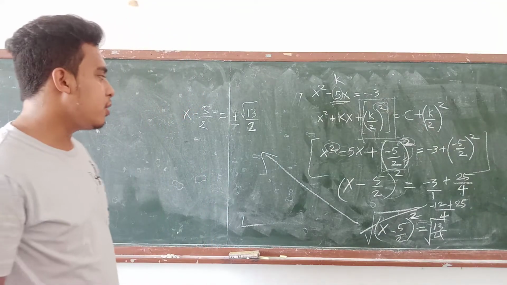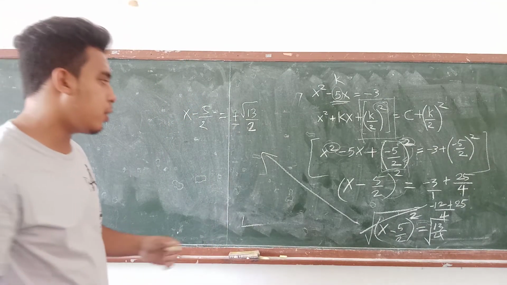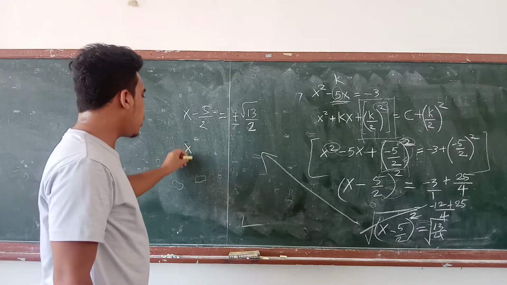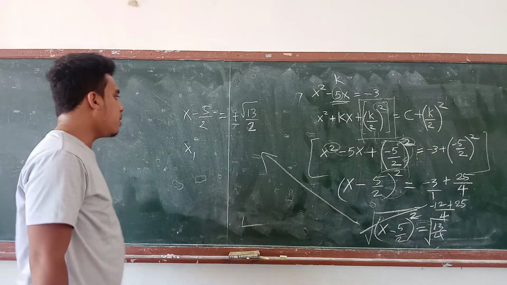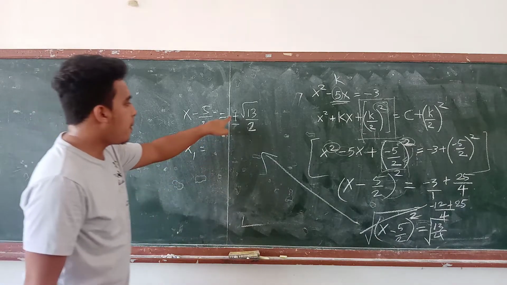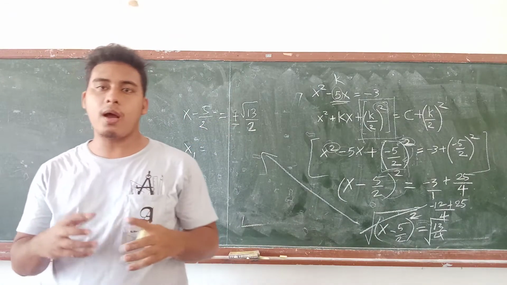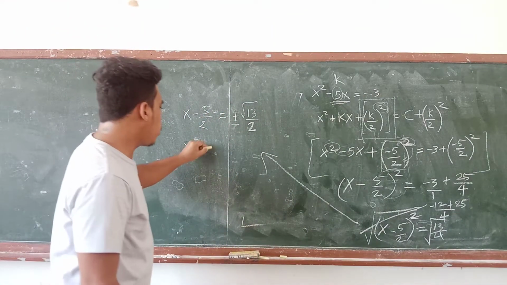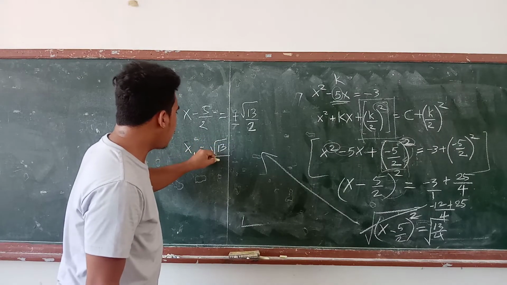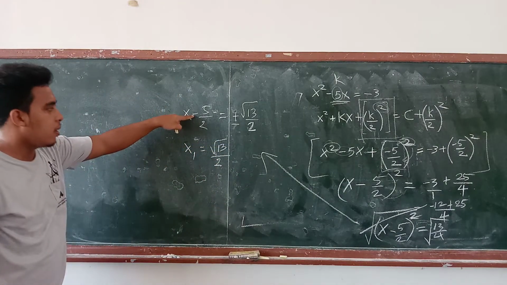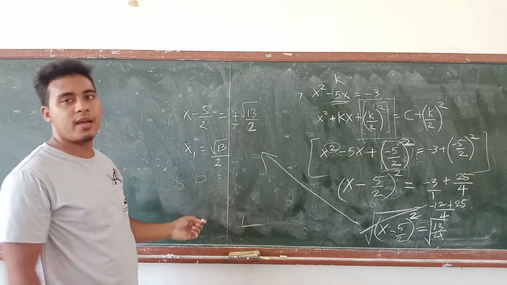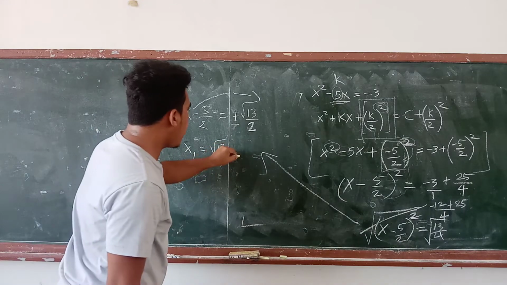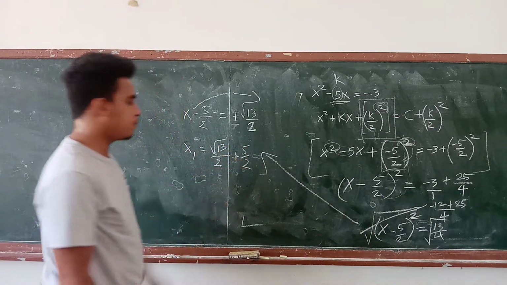To find the solutions for the quadratic equation, let's have x sub 1 equals, since positive negative atong buhagon ang every operation. So let's start with the positive one. The square root of 13 over 2, then from minus 5 over 2 or the negative 5 over 2, transfer to the other side, that would be plus 5 over 2.